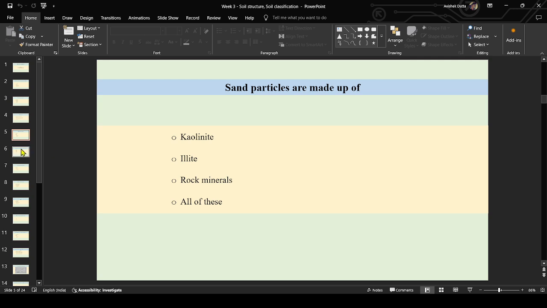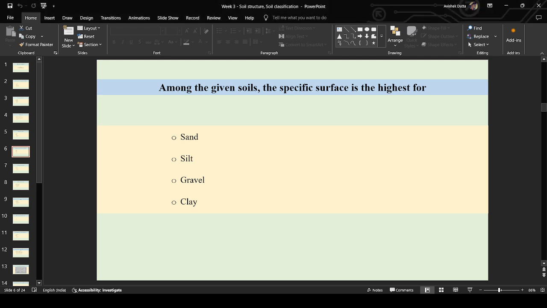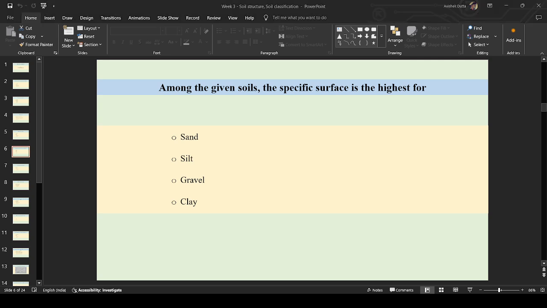Next question. Among the given soils, the specific surface is the highest for. Do you know what specific surface is? Do you have any idea what specific surface is?